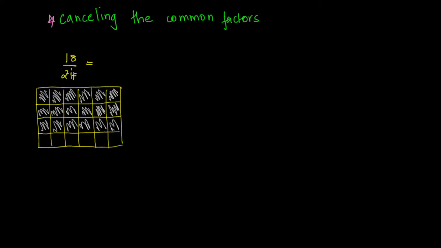If we look at 18/24, 18 and 24 are both even numbers. So we know that they have 2 as a common factor. And the way I can cancel out the common factor is by dividing both the numerator and the denominator by 2.